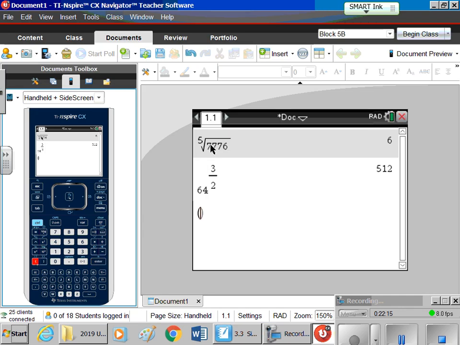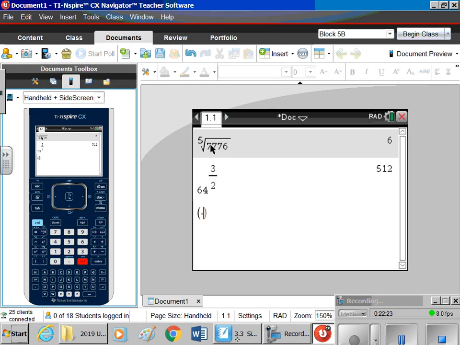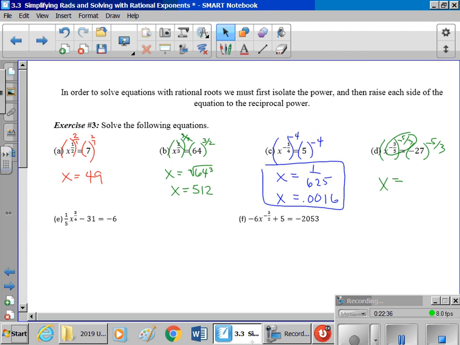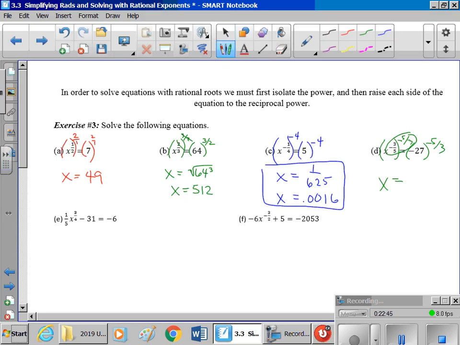So it's going to be negative 27 raised to the negative 5 over 3. Let me just make sure that's right. To the negative 5 over 3, that is right. And enter, and you get negative 1 over 243.